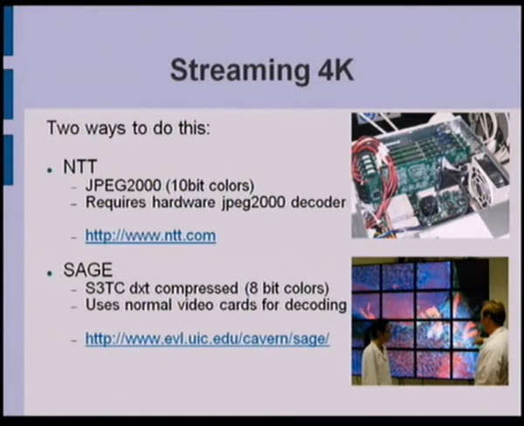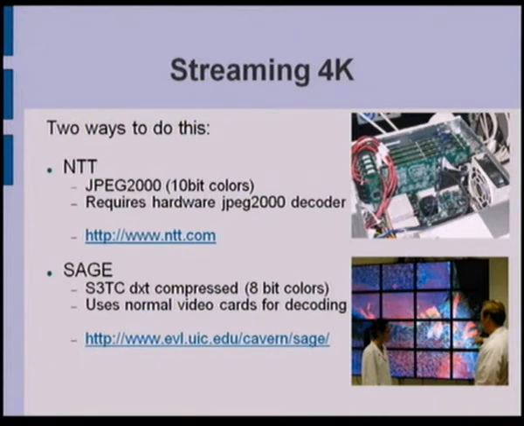There are 2 ways to stream 4K. We have the NTT way and the Sage way. NTT uses a JPEG 2000 codec. This requires special hardware made by NTT, and it costs a lot of money to purchase this hardware. So we also have Sage.